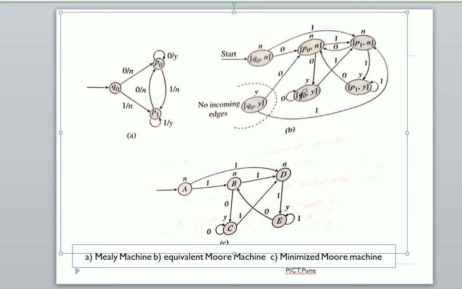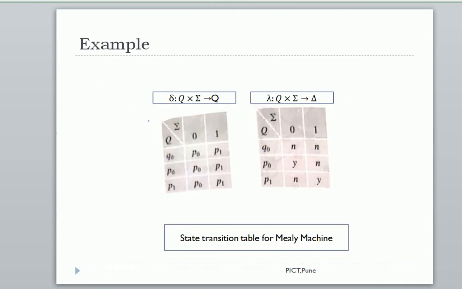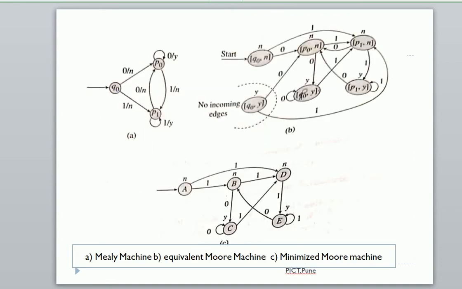For better understanding, whatever was given in matrix form, I represented here in graphical representation so that you will understand the difference. This is our Mealy machine, because the output is associated with the transition, that means with both the input and the state.